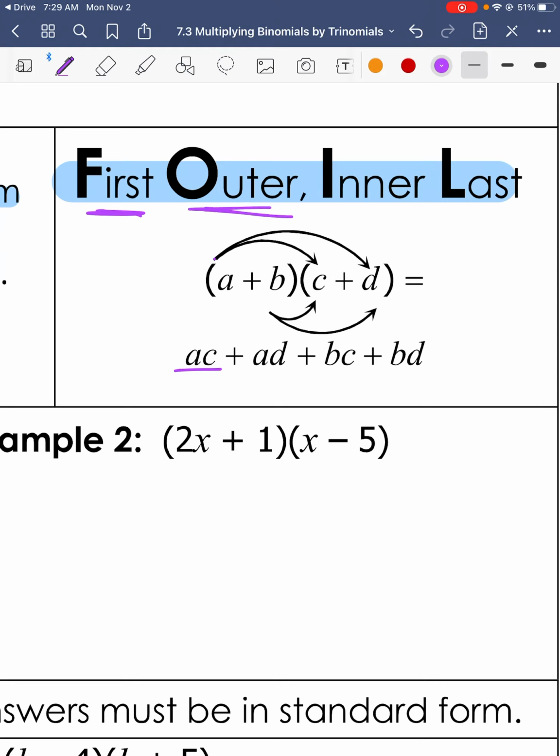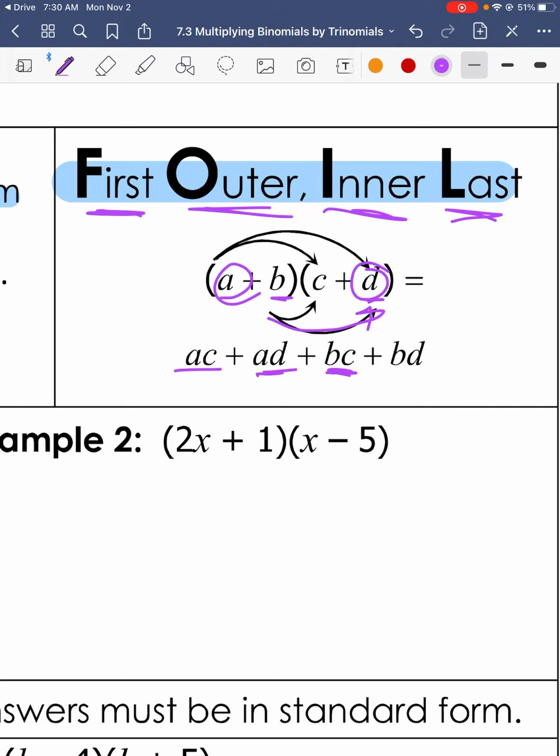The O is for outer, so the outer terms are the A and the D, so we multiply the A times the D, we get AD. And then we look at the inner terms. For inner, we have the B and the C, they're the two inside terms, so we're going to distribute the B here. And then the last step is the last two terms, which would be the B and the D.